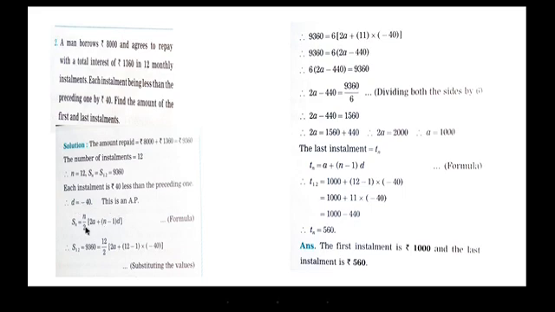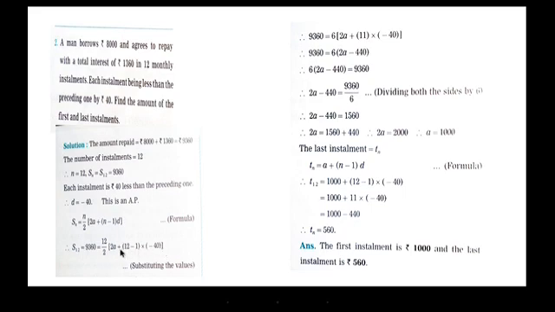Okay, and we have Sn, which is S12, which is given as 9,360. So we have Sn is equal to n upon 2 in the bracket 2a plus n minus 1 into d. So S12 is equal to 9,360. So 9,360 is equal to 12 upon 2 in the bracket 2a plus 12 minus 1 into minus 40.